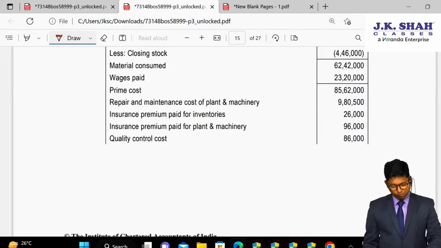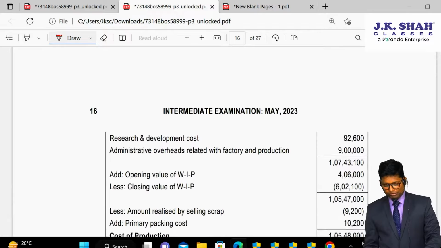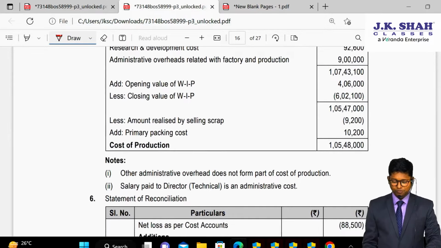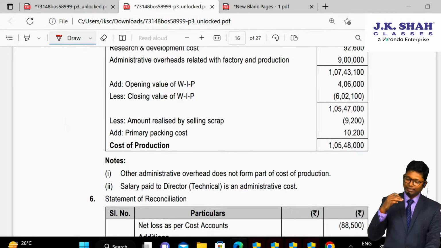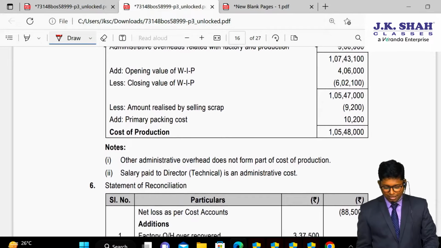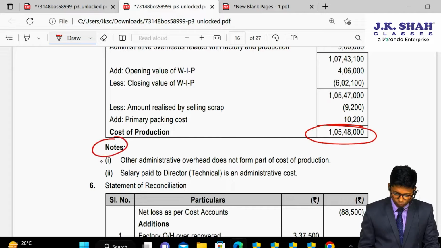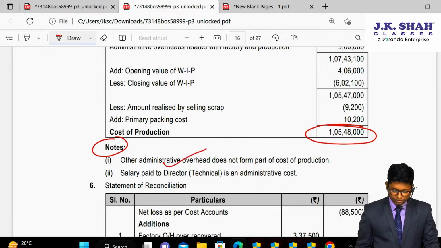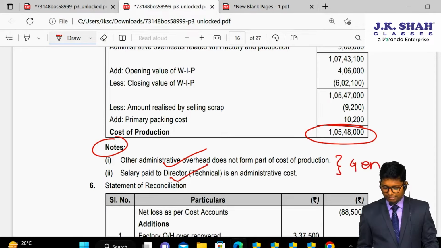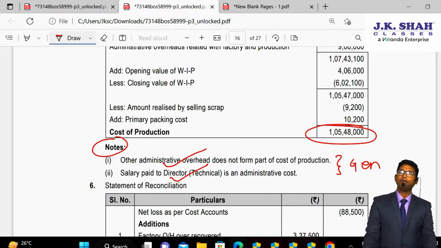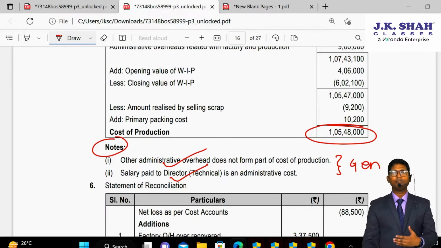Prime cost, okay, after that there is no gross factory cost, no net factory cost, they haven't recorded anything and they have adjusted everything. Finally, they computed the same cost of production, and in the note it is written that administration overhead general and salary paid to director, these both are general items and that's why they are not considered for the calculation. So this was related to the cost sheet.